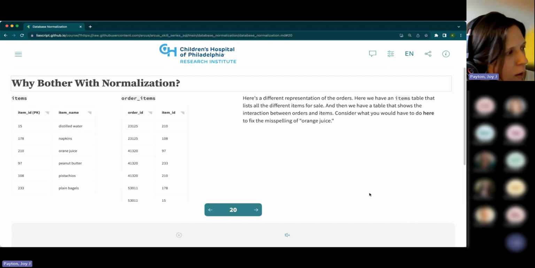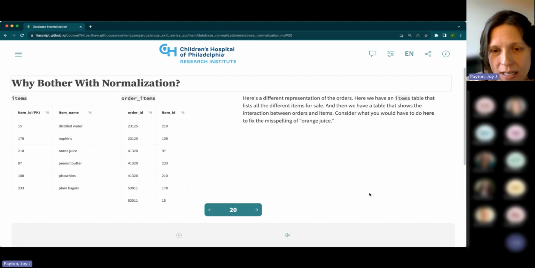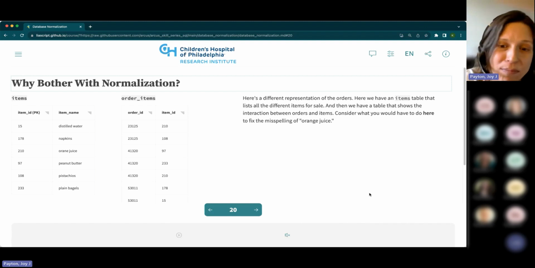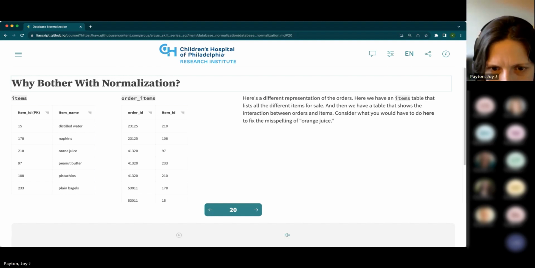So we just have to figure out which ID is orange juice, and we just change it in that one place, that one misspelling. So when we think about complex medical data, and somebody misspelling a name or getting something wrong in a problem list, or somebody needing to update their gender identity, you can imagine that it's much easier to correct and update data when it is in a normalized arrangement like this.